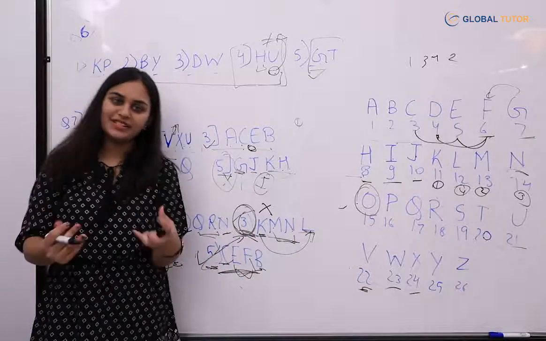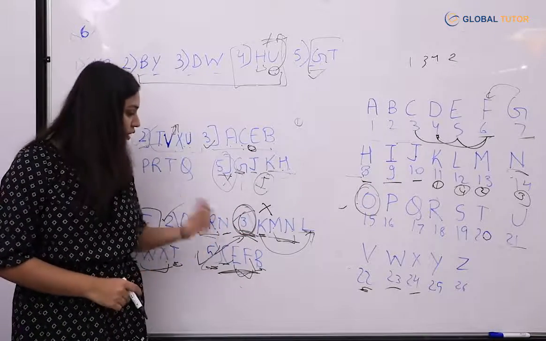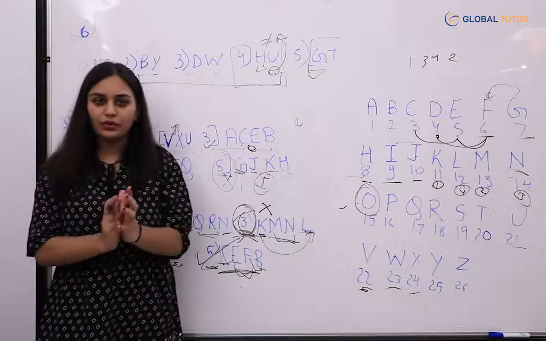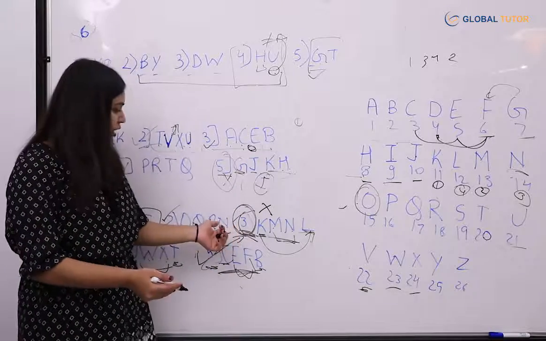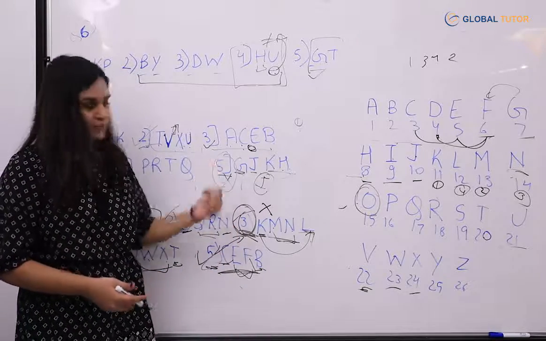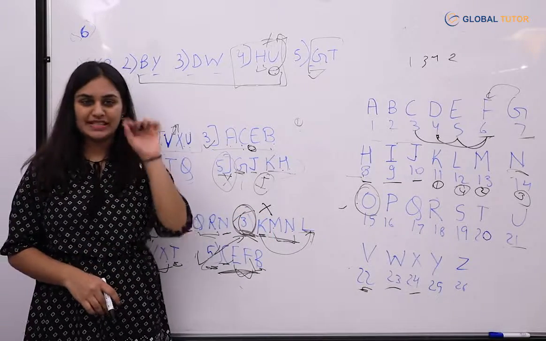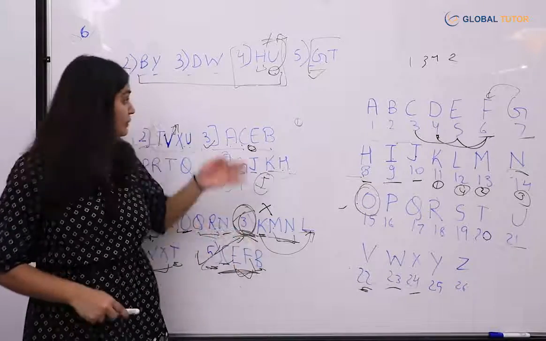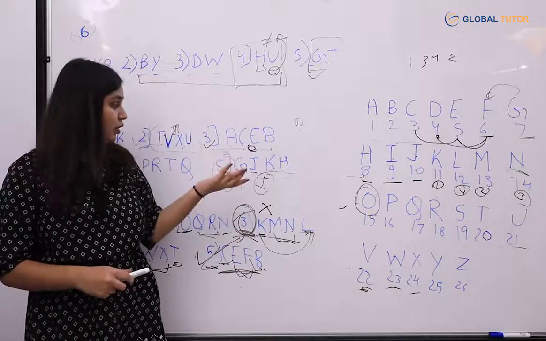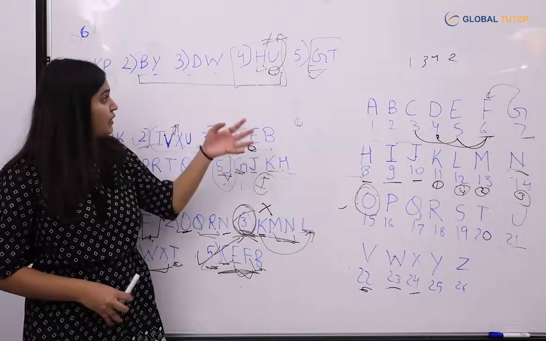So you always have to identify the right patterns. Try to look for them. I'll keep repeating the whole idea that as you keep solving more and more questions, you will be able to guess better. You'll be able to look at a particular question and guess that this should be the odd one out. Keep practicing. Similar questions, maybe create on your own. These were the ones asked in the Allahabad Bank PO exam.